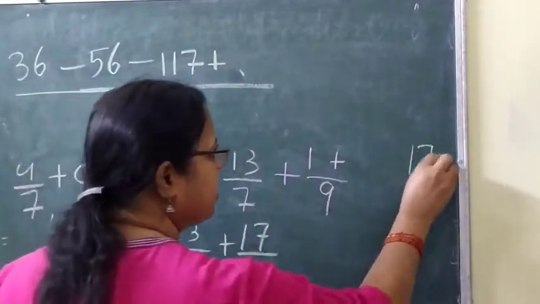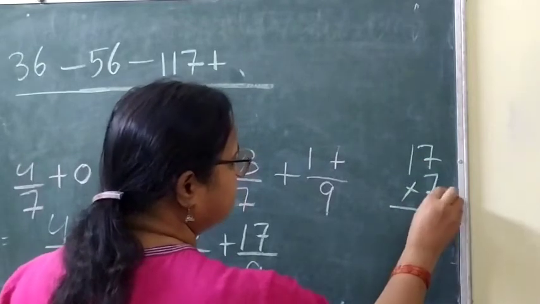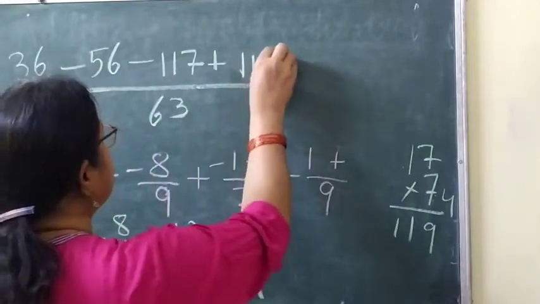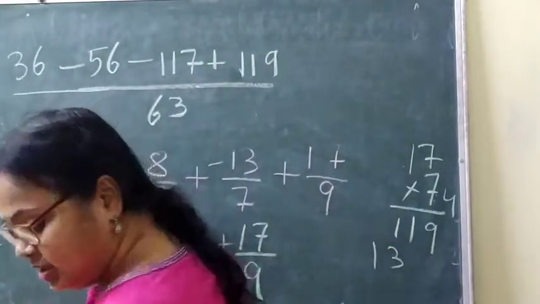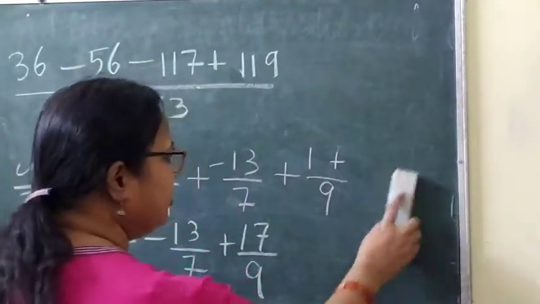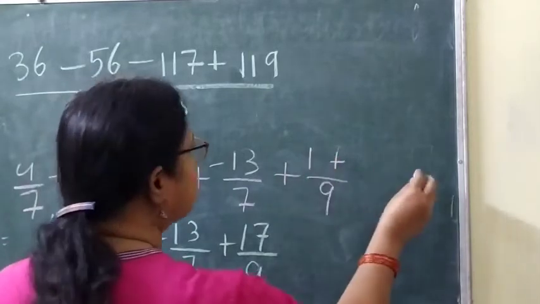You can also check this, 13 into 9. Whenever you are confirmed, you have learned the table, but still you can check it once again.